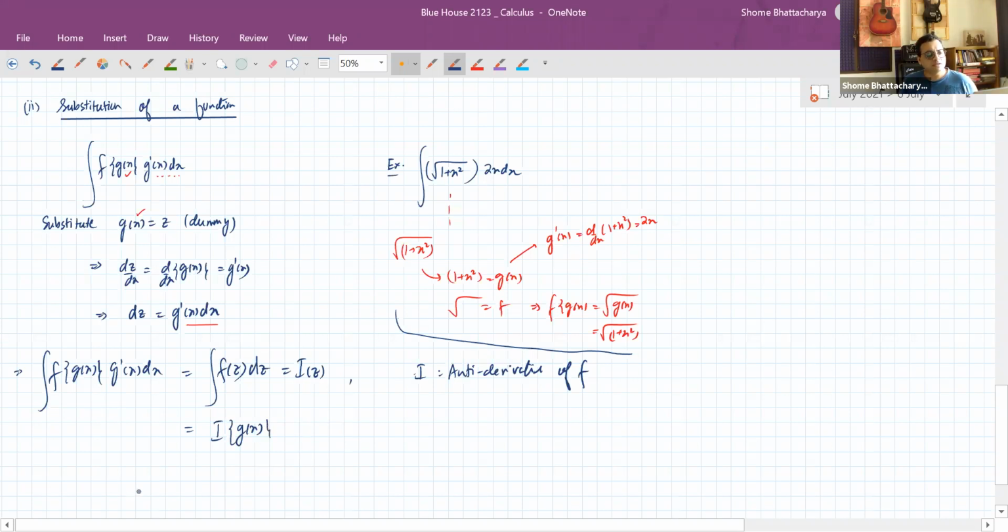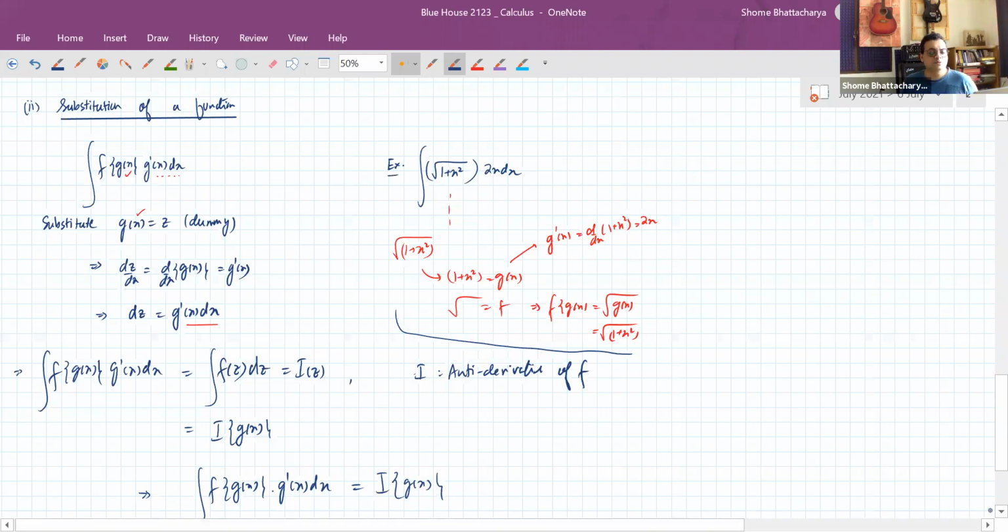So now we can see that the integration of this type of function, a composite function multiplied by the derivative of the inner function in the composite function, becomes the indefinite integration of f, the antiderivative evaluated at gx. That becomes our finding.